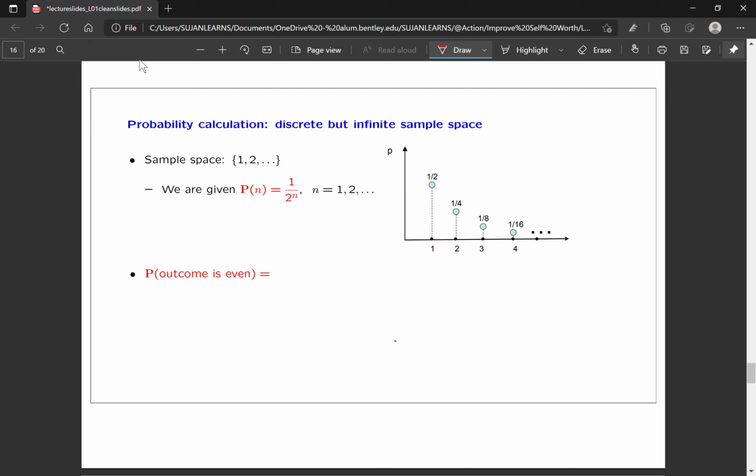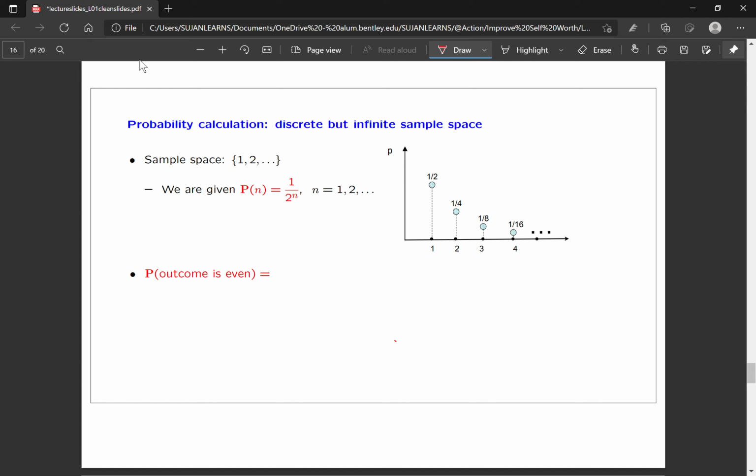Let's say we carried out an experiment that will provide us an arbitrary positive number. Let's say we toss a coin and count how many times we have to toss the coin to get a head.